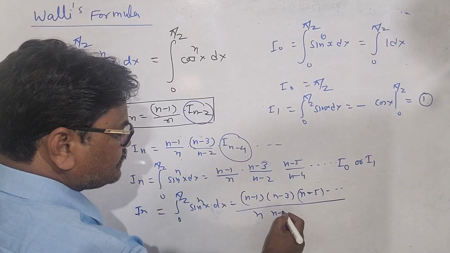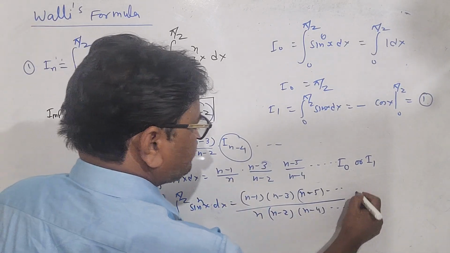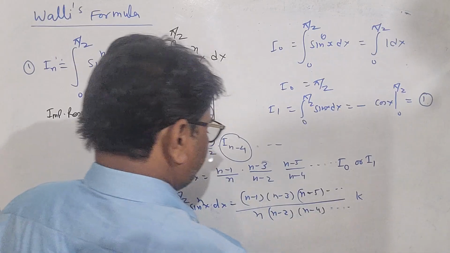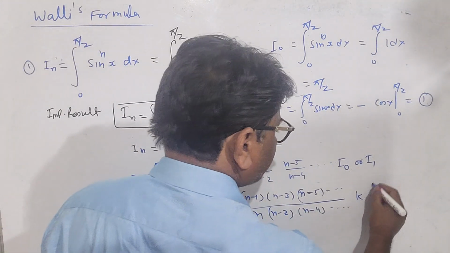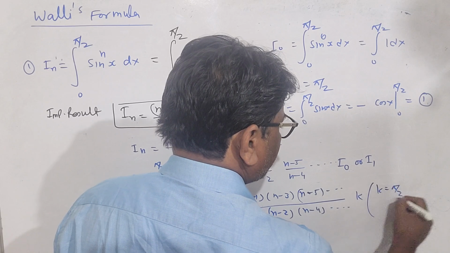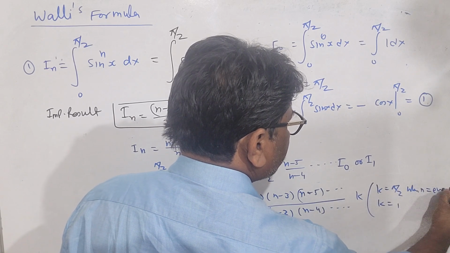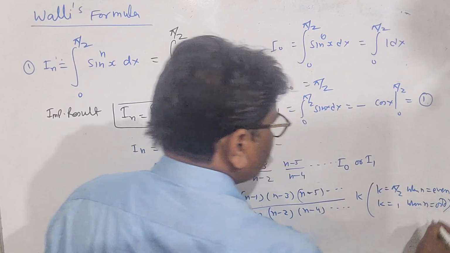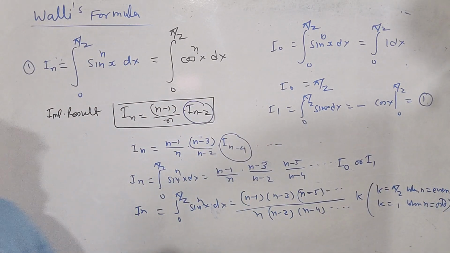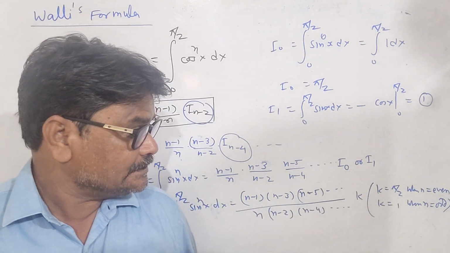Then now starting reducing by 2, n minus 4. And here I can write k, where k is either pi by 2 or k is 1. K is pi by 2 when n is even. And k is 1 when n is odd.